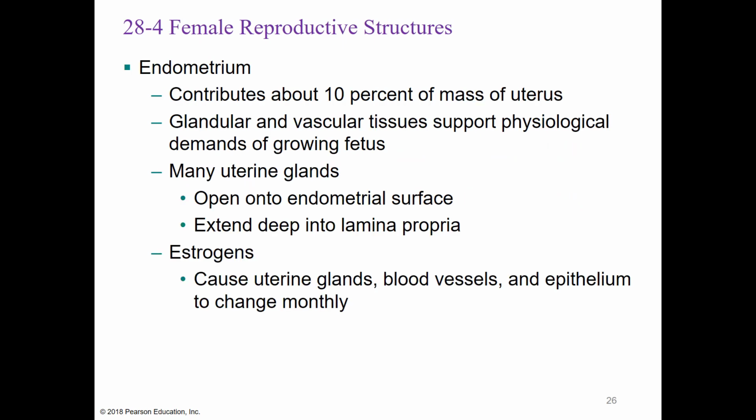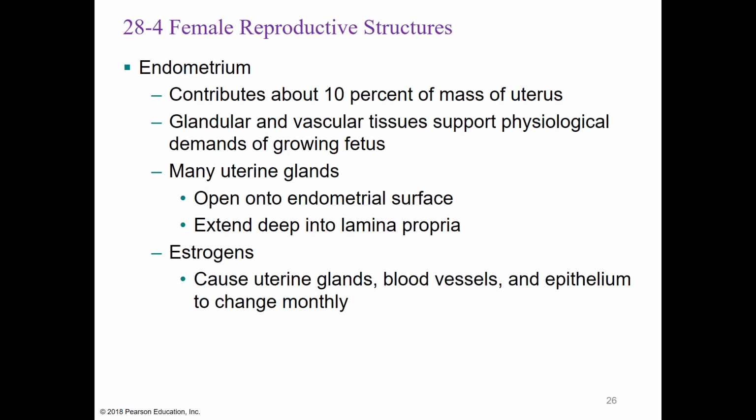The endometrium, or the lining of the uterus, will contribute about 10% of the mass of the uterus, and it's very glandular. There's glandular and vascular, so blood vessel tissues, support physiological demands of the growing fetus, so that if the uterus does in fact sustain a pregnancy, then the endometrium will be very integral in that process.